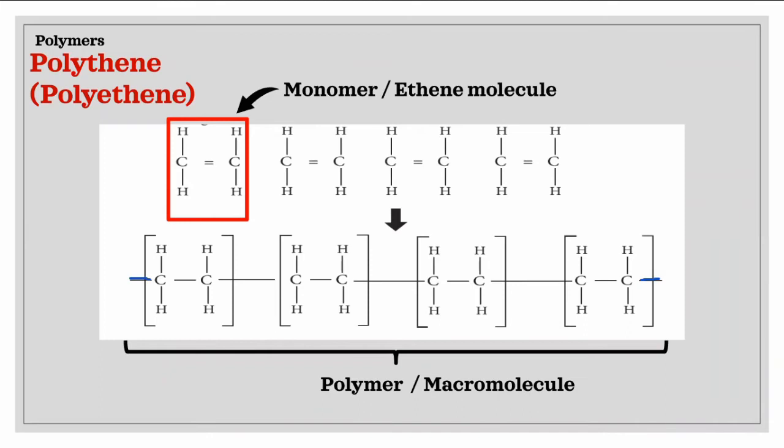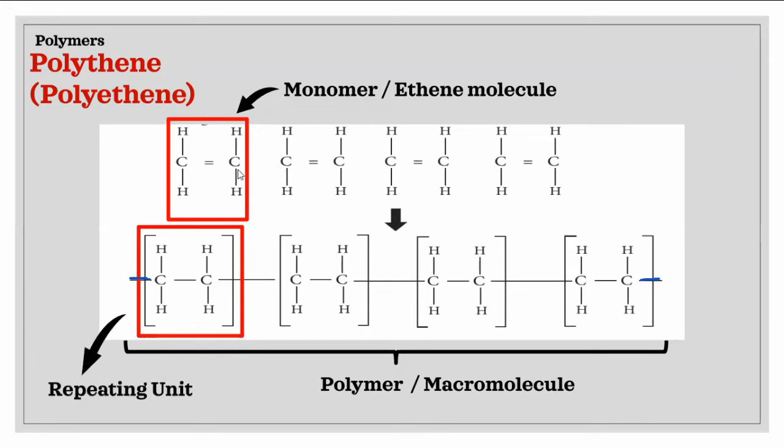I think you can identify that in this picture. That structural unit is known as the repeating unit. As you can see, the double bond in the monomer is broken to link with many monomer molecules and form the polymer, and the polymer has a structural unit that repeats over and over again to form a long chain. That structural unit is known as the repeating unit.